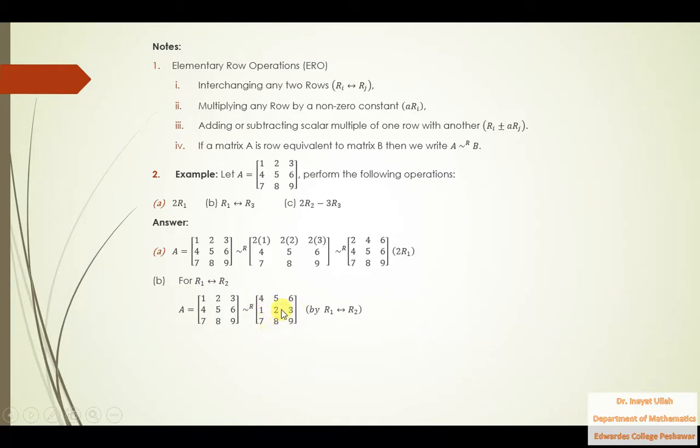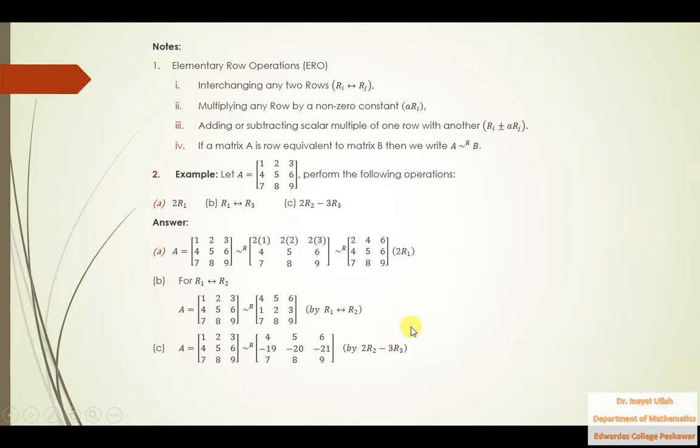So this matrix is obtained from A by elementary row operation, and that's why we put this symbol that this matrix is row equivalent to matrix A. And number C, we need to find the difference of 2R2 and 3R3. That is matrix A. This matrix A is row equivalent to this matrix by this operation.